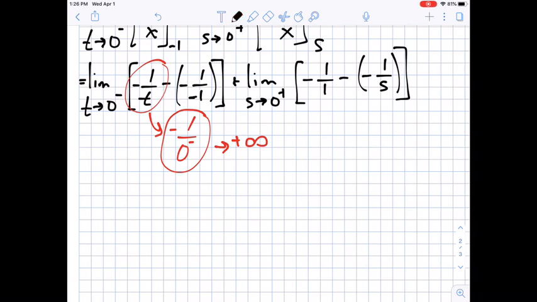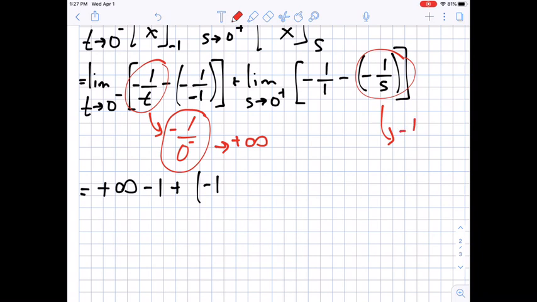So let's actually write out this first limit. We get positive infinity. Here, on the second term, a triple negative, it doesn't really matter, it's going to be -1. And then we have our second limit. Here we have, again, -1. But when we look at this term, we'll notice that as s goes to 0 from the right, it's going to go also to some infinite value.